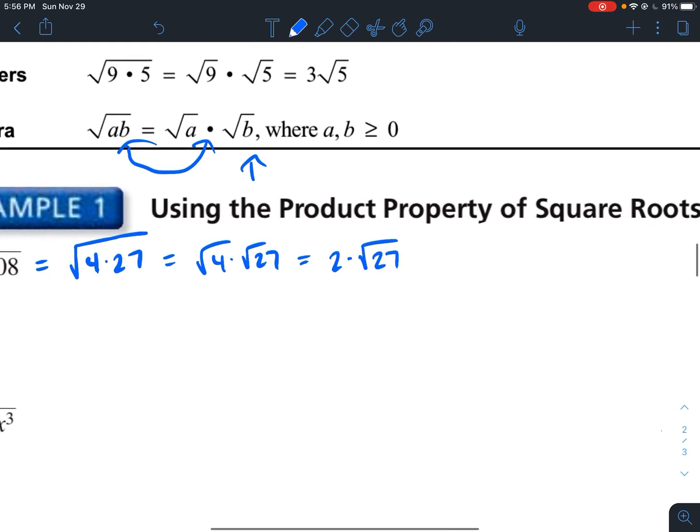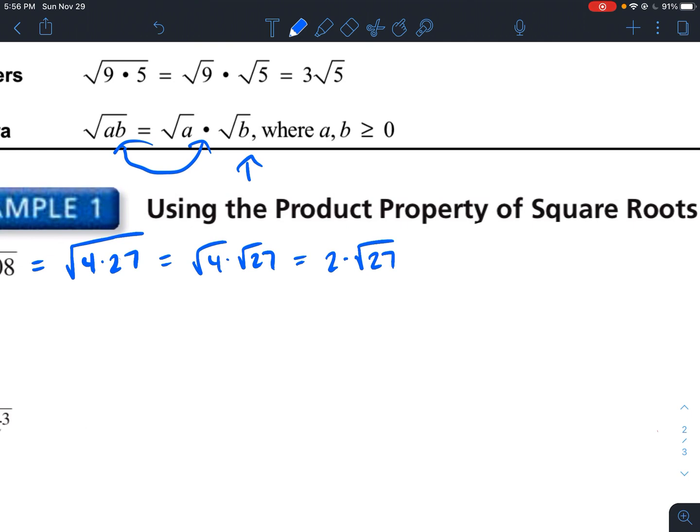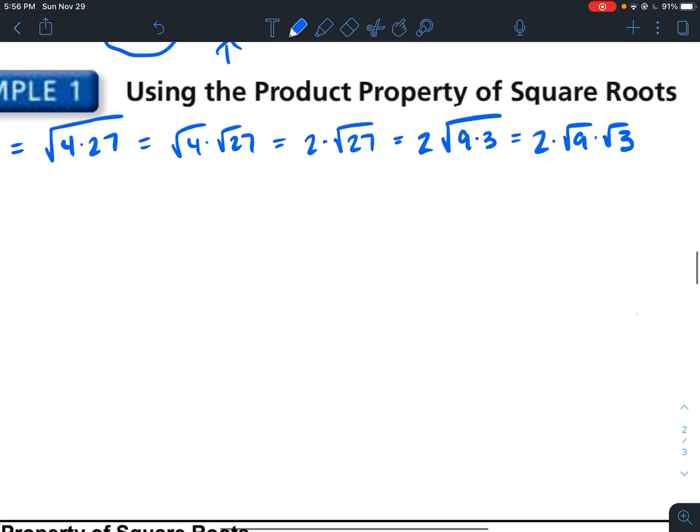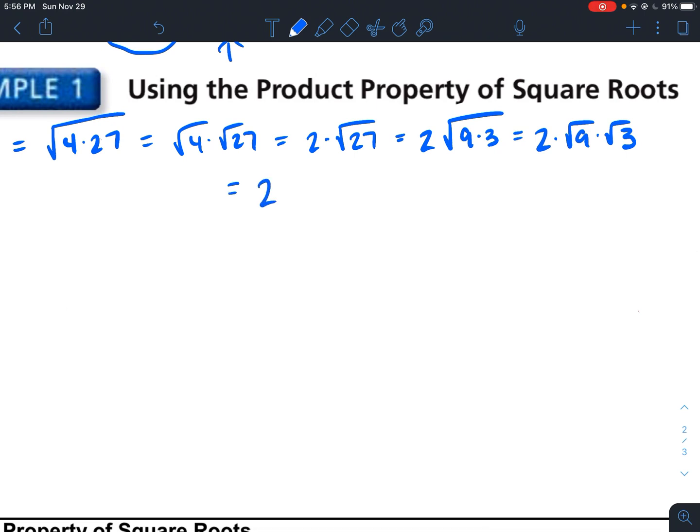Can we simplify that any more? Well, the square root of 27, I know that I can break that up to be the square root of 9 times 3. So this is equivalent to 2 times the square root of 9 times the square root of 3. And the square root of 9 is equal to 3.